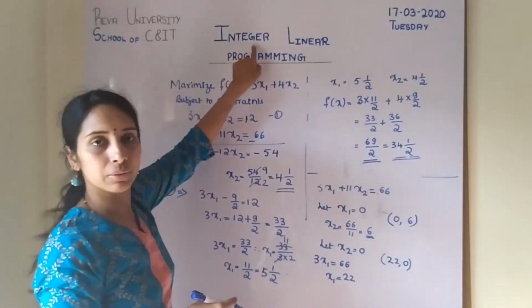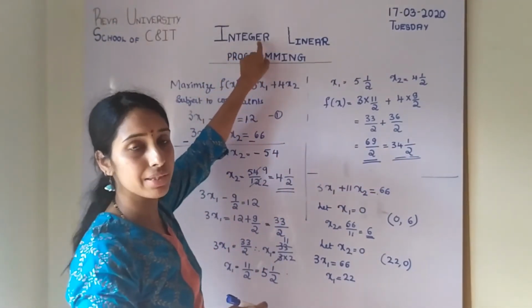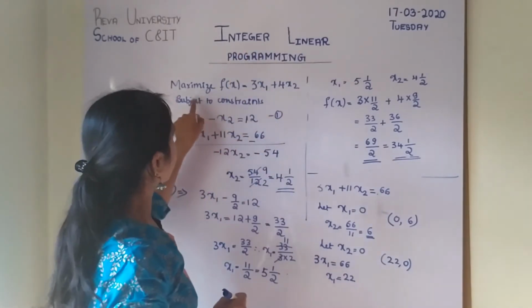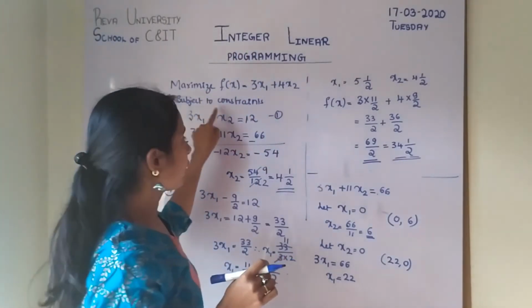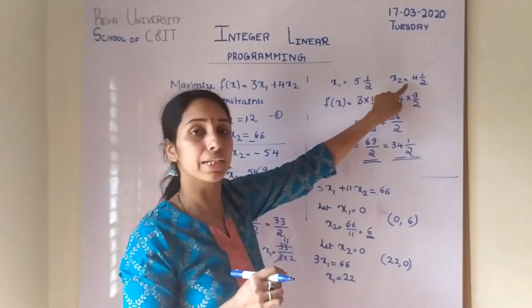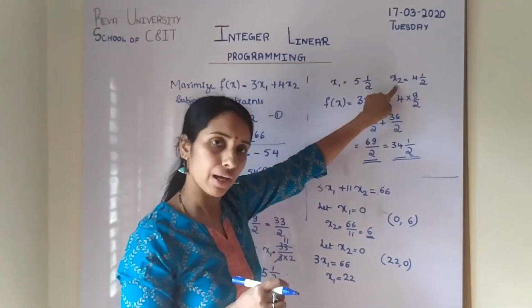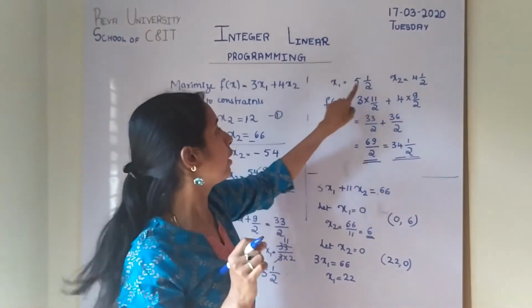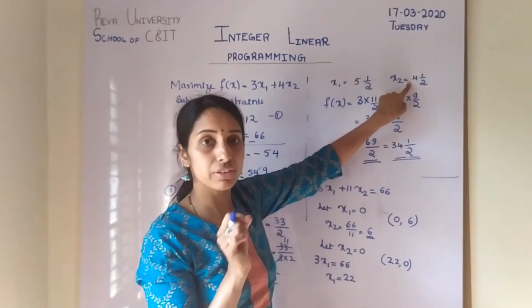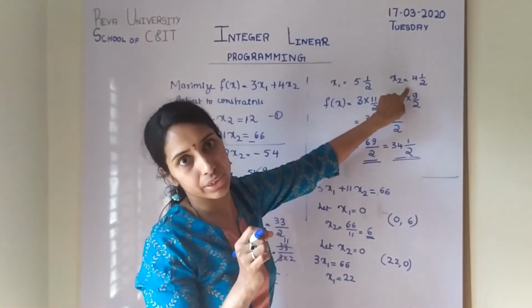But the problem says x1 and x2 should be greater than or equal to 0, and x1 and x2 are integers. But if you observe here, x1 and x2 are not integers, they are fractions.